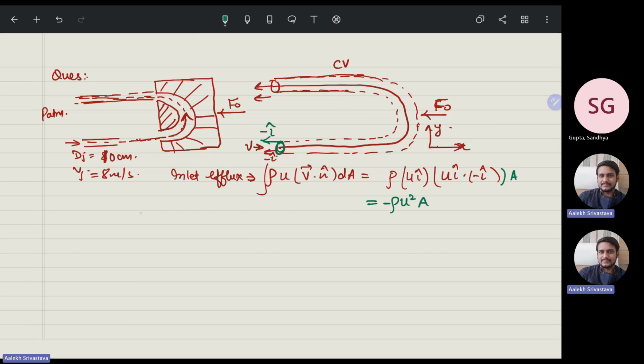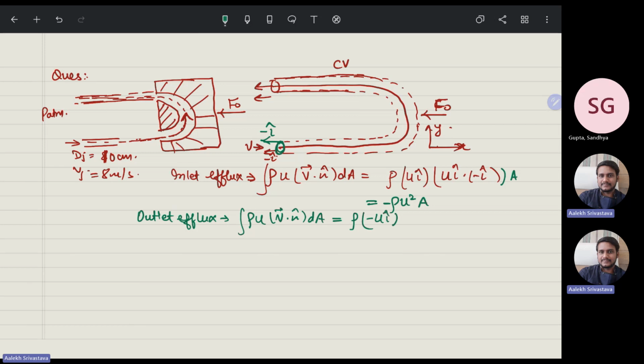Now, what is the outlet efflux of momentum? That is equal to rho u same V dot n cap into dA. Now here you will see that rho is there, velocity is u i cap but in negative direction.